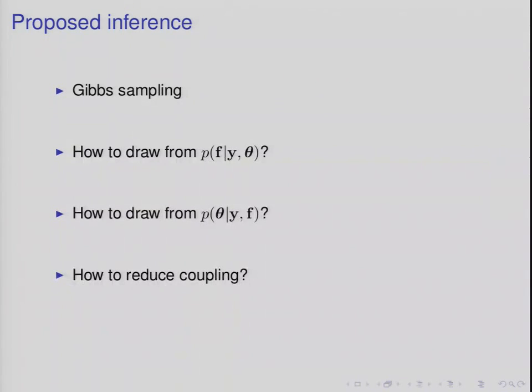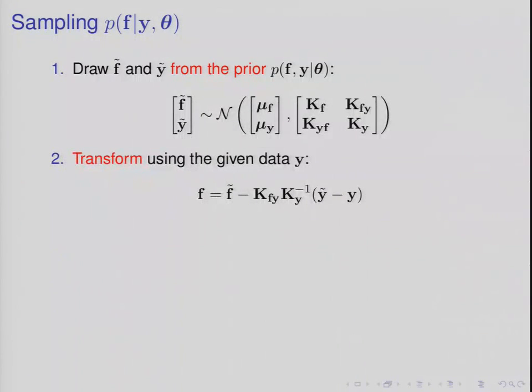And for the function values, we can do this kind of sampling. We first draw samples from the prior, and then we transform the samples from the prior, and actually that is a sample from the posterior.